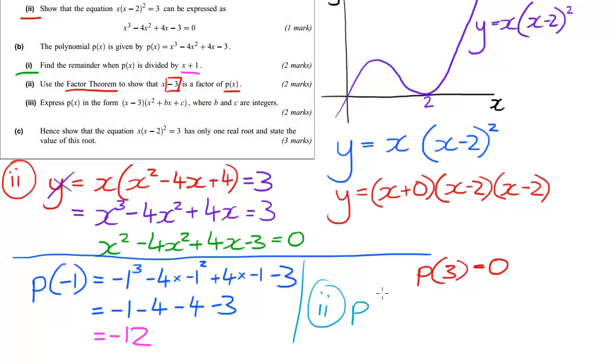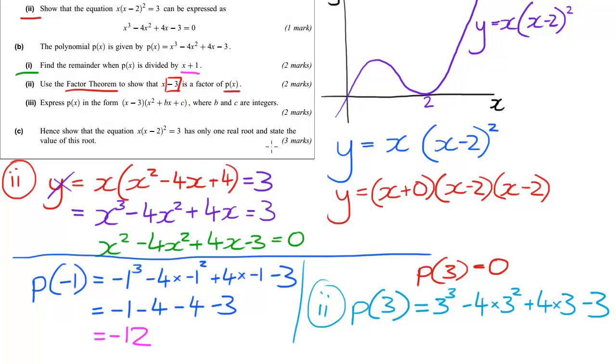So let's do it. Let's do p of 3. So that is going to be equal to 3 cubed minus 4 times by 3 squared plus 4 times 3 take away 3.